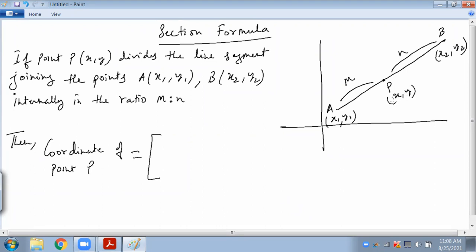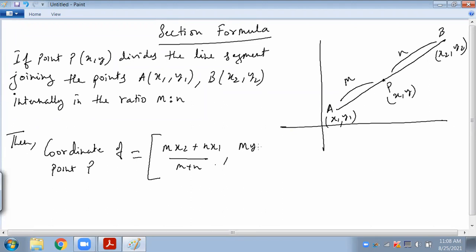But if we don't know x and y, how to find x and y? We're going to use this formula that is called section formula. The coordinate of the point P will be M x2 plus N x1 by M plus N. And first part will be the x coordinate, and the second part will be y coordinate.